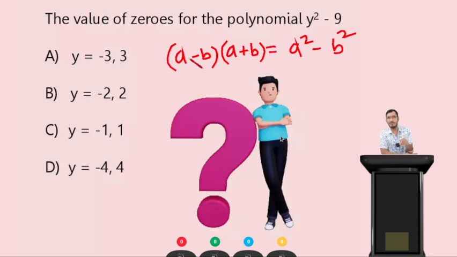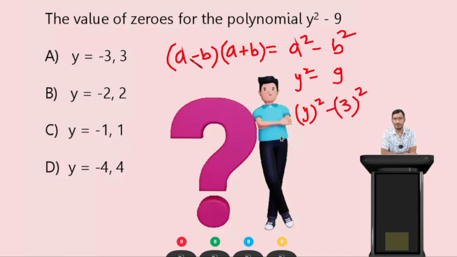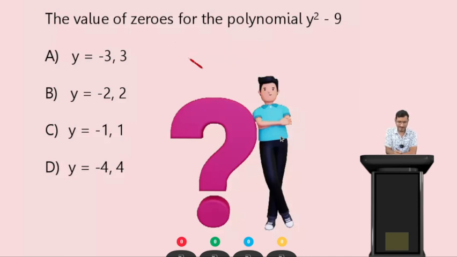So here y square minus 9, and 9 is a square of 3, so we can write y square minus 3 square. So it's of the form a square minus b square, which means we can write y square minus 3 square as y plus 3 times y minus 3.